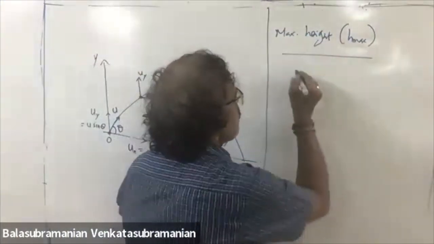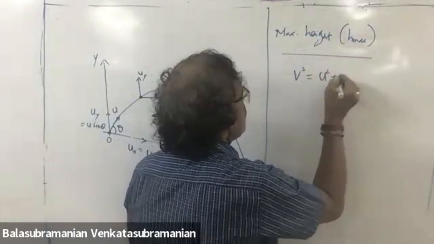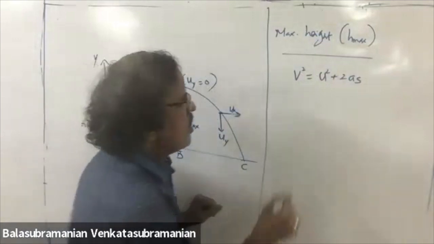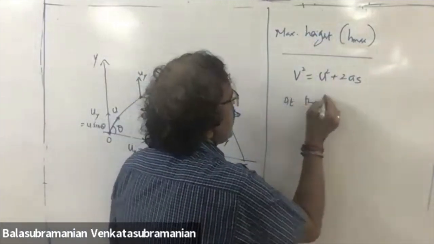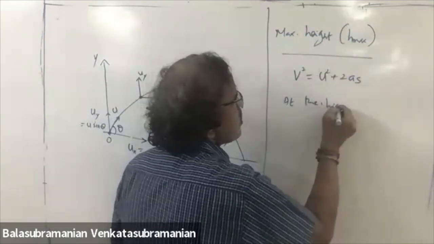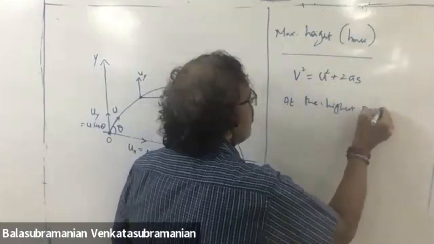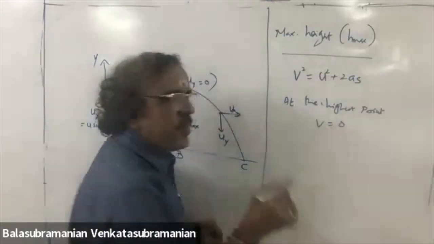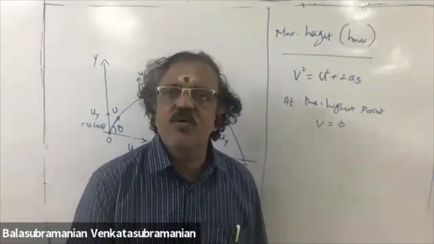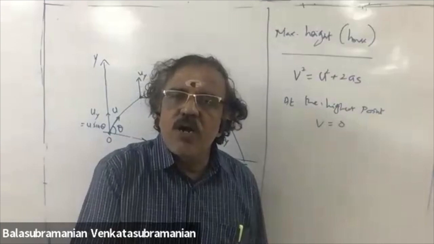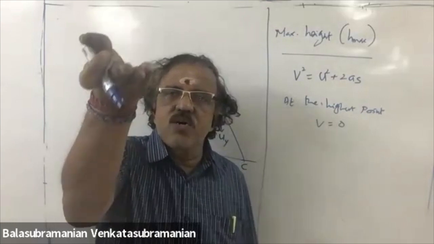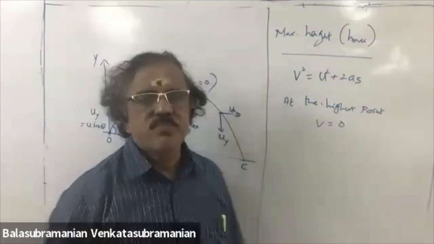Without the time, we know the equation v square is equal to u square plus 2as. At the highest point, the final velocity becomes zero. Because, as I already told, when the body is projected the velocity goes on decreasing, becomes zero at maximum height, then it is coming down.